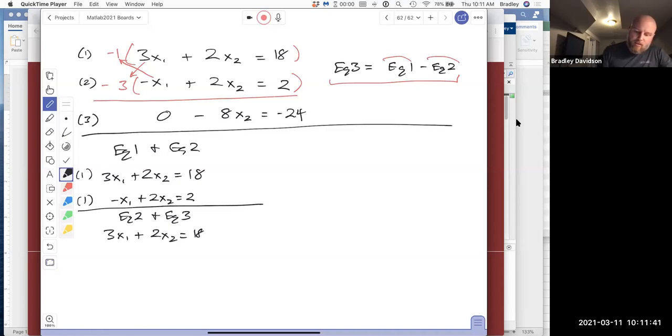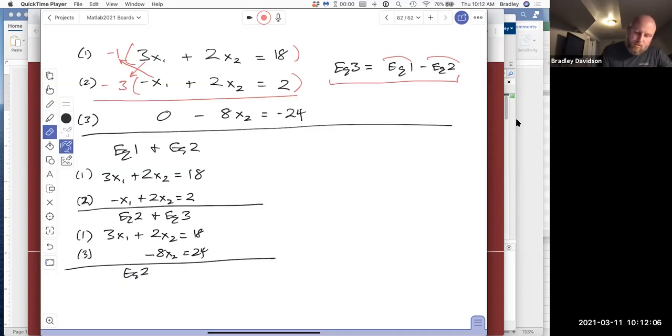And then if that's equation 1, and I combine it with equation 3, it tells me it's just negative 8x2 is equal to 24. Well, I'm getting these mixed up, excuse me.